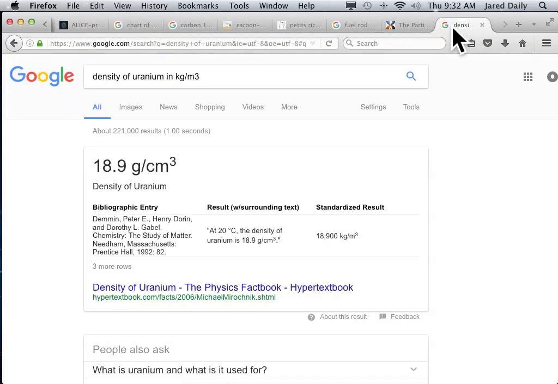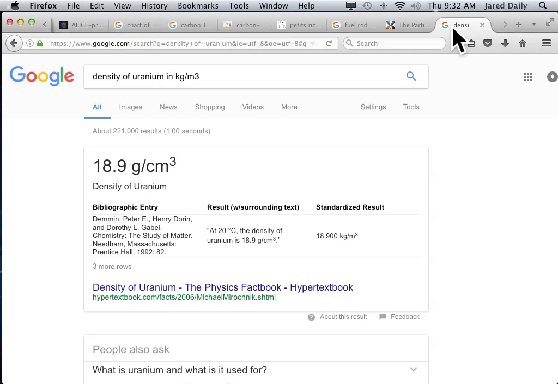So what's a liter? A liter is about this big. Take your hands, spread them out as big as you can, and make a cube on all sides. That's about a liter, okay? So if you have a liter of uranium, what is that going to be?